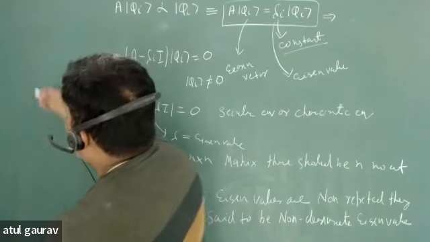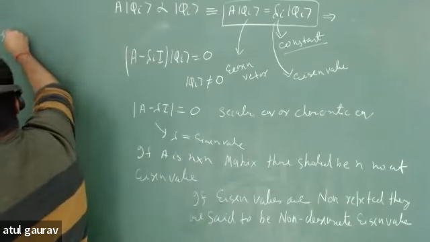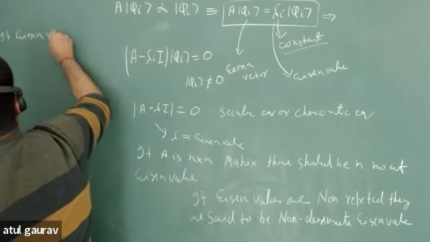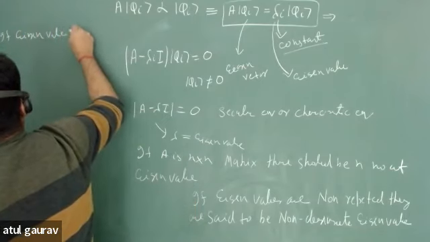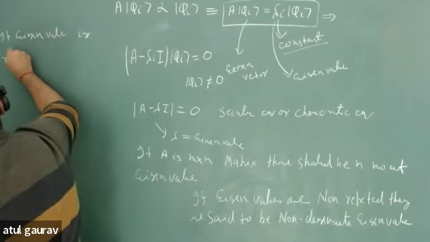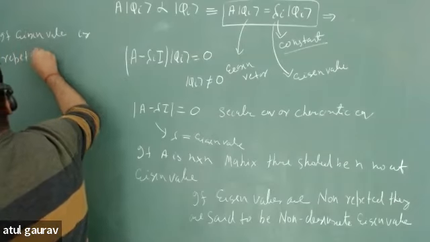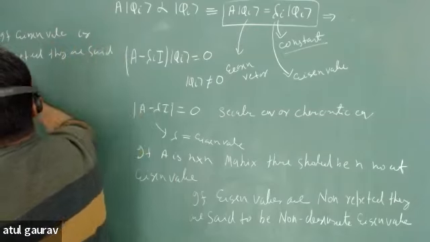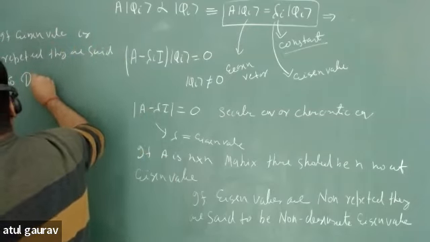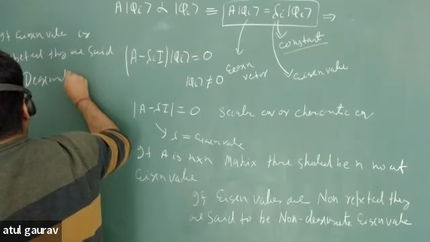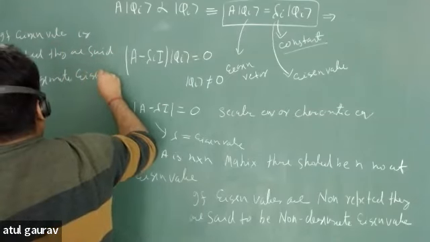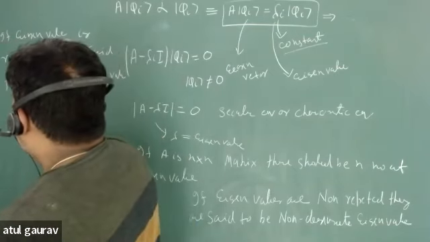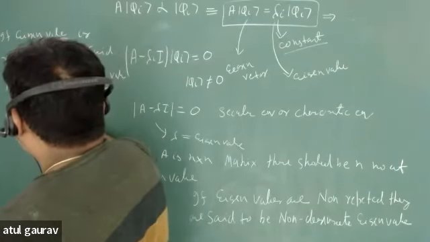And if the eigenvalue is repeated, they are said to be degenerate eigenvalues. So suppose you have lambda 1, lambda 1, lambda 2.